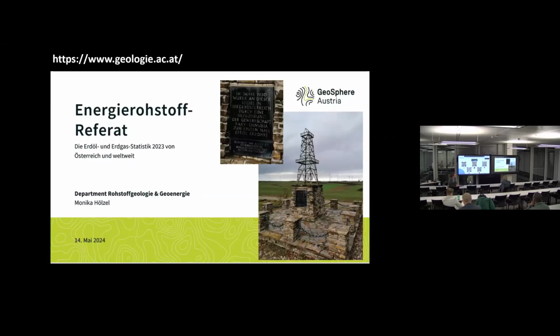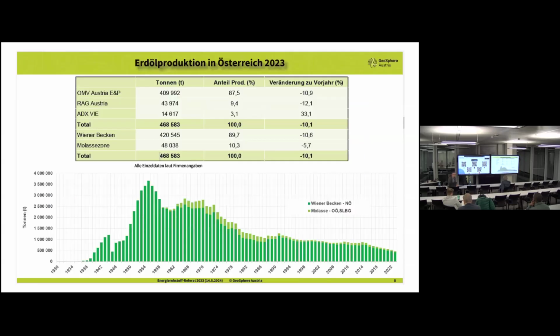This map here is from the Geological Survey of Austria. Every year they have this resource report, and there you also have the numbers. And you see the maximum of production was in the 50s with 3.5 million tons produced here in the area. And it actually was quite an important source.